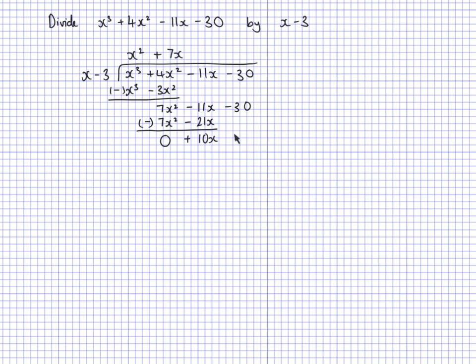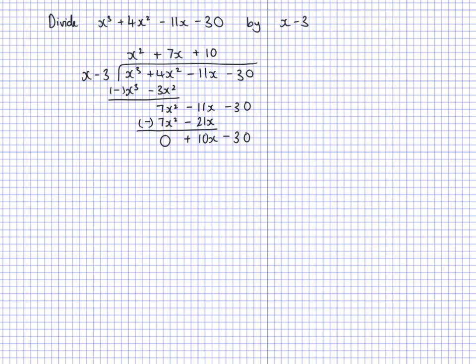And I'll bring down the negative 30 here. And we carry on. So now I need to try and subtract all of this as multiples of this. So again, we look at 10x divided by x, and that will give me 10. So I'll write that here, plus 10.